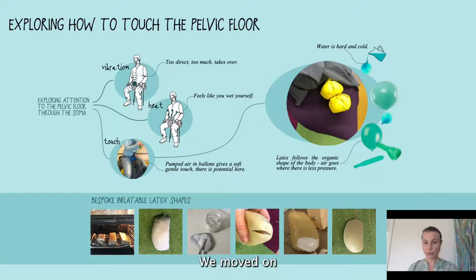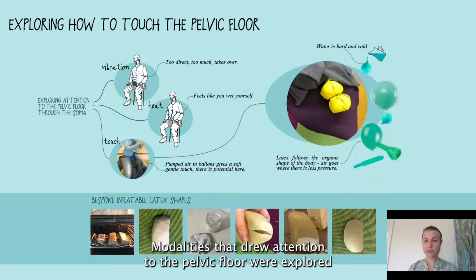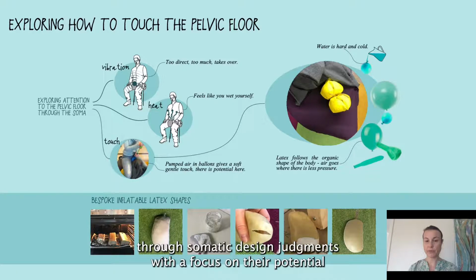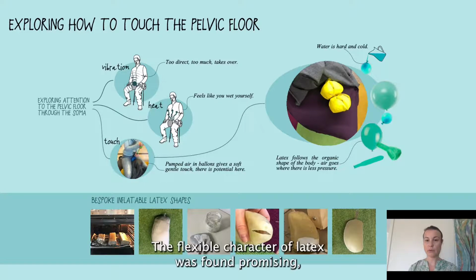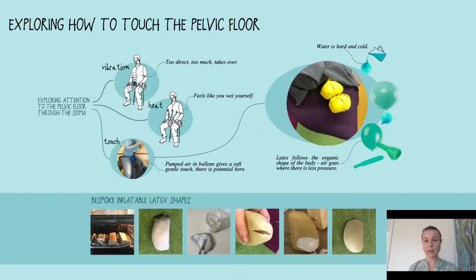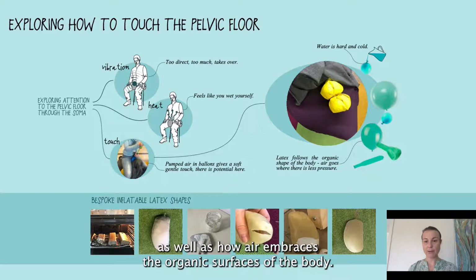We moved on to start exploring how to touch the pelvic floor. Modalities that drew attention to the pelvic floor were explored through somatic design judgments, with a focus on their potential to bring the desired experiential qualities forward. The flexible character of latex was found promising, as well as how air embraces the organic surfaces of the body.